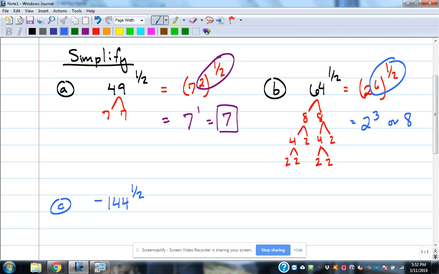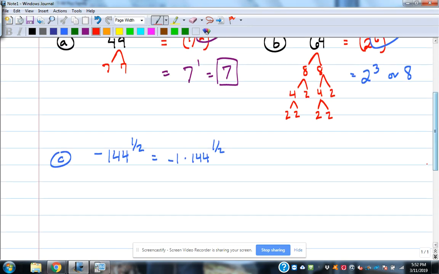The reason you read it that way is order of operations in math says parentheses and exponents happen first, and then multiplication and division is after that. So the negative is kind of like saying this problem is -1 times 144 to the 1/2. That's really what that problem is saying, because there are no parentheses around the -144.